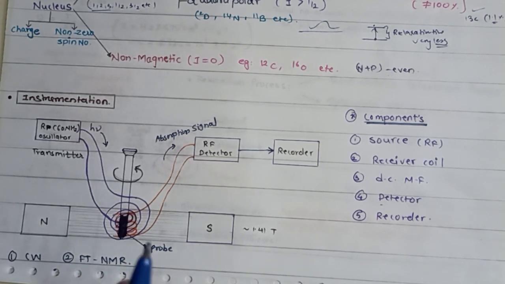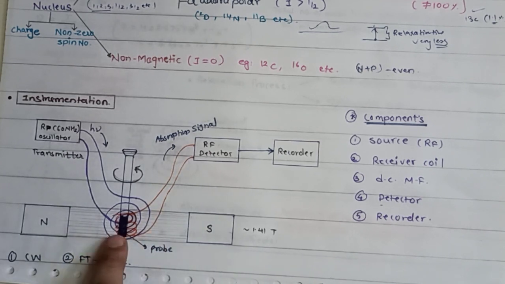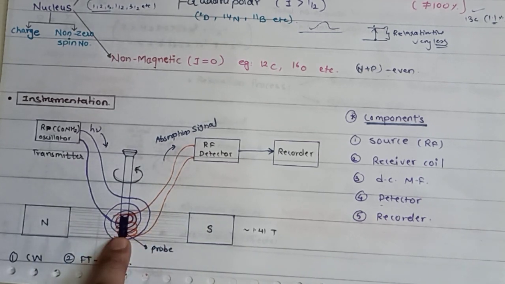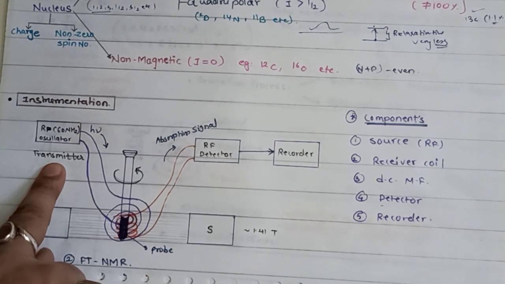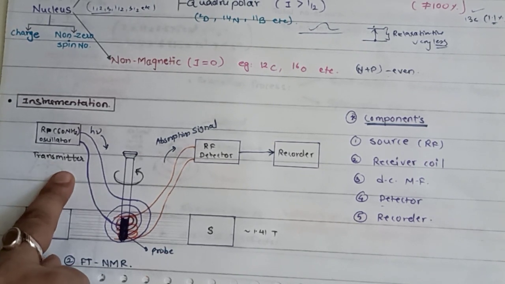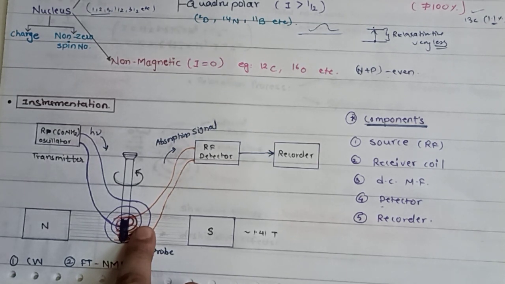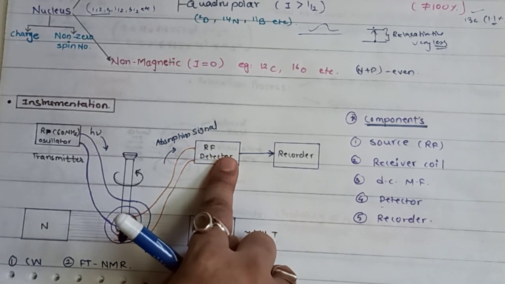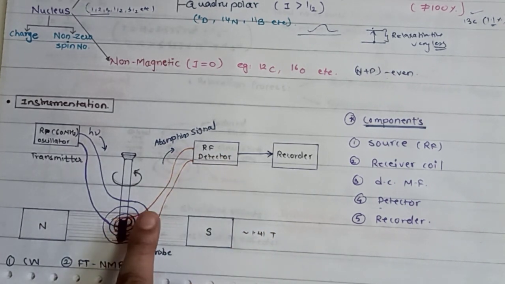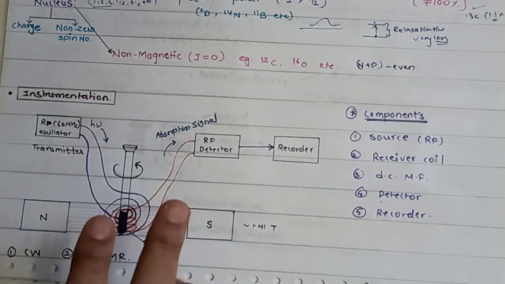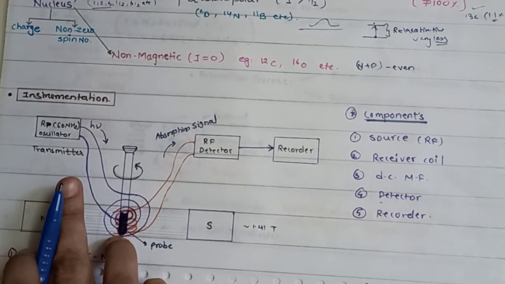Now over here one thing you should make sure of is that the one coil which is attached to your radio frequency generator serves as your transmitter, whereas the other coil, which is connected with the RF detector, cannot directly receive any radiation from the generator coil.